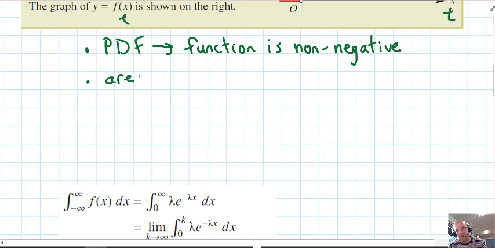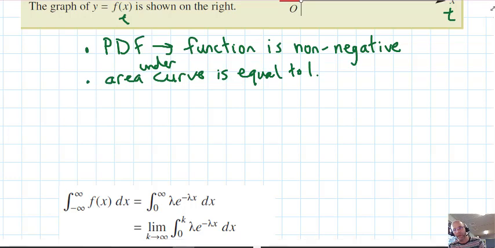The area under the curve, total area, I should say area under the curve is equal to 1. Again, that should not be a surprise to you because you've got your prior learning.